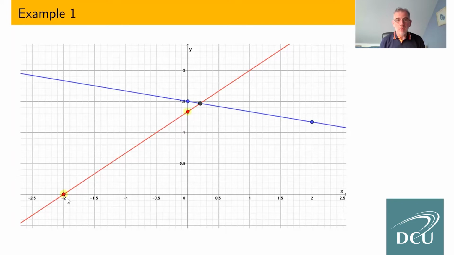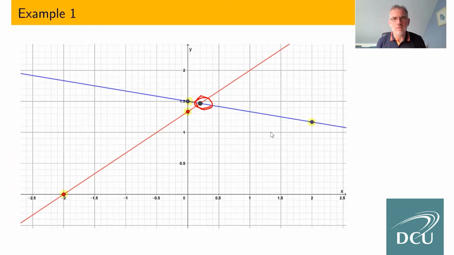I have those two points, and then I can take out my ruler and join them to get the first line. Then I do the same thing for the second line: I identify two different points that lie on the line and use a ruler to join them up. Then I can solve the problem geometrically by simply noticing the point of intersection, the point that I can see here.